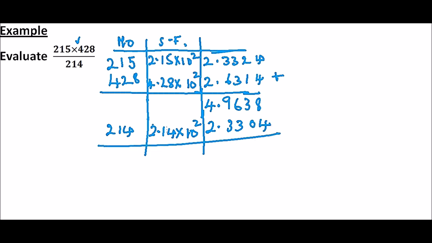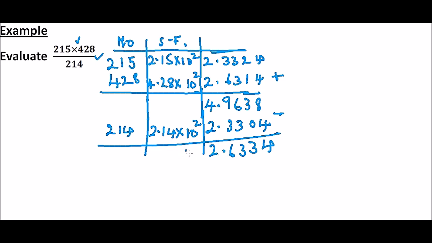Then here, because we are dividing, we subtract the logarithm. So 8 minus 4 is 4. 3 minus 0 is 3. 6 minus 3 is 3. 9 minus 3 is 6. Point. 4 minus 2 is 2.